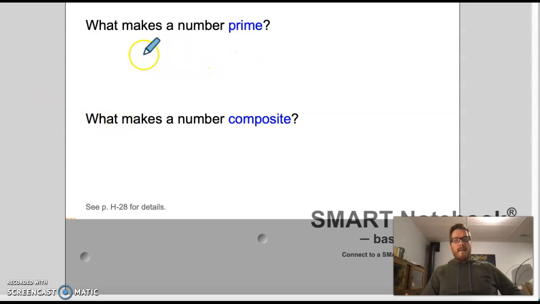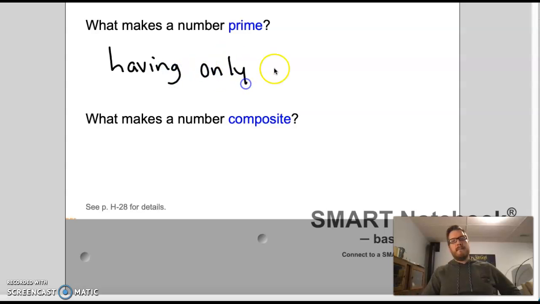What makes a number prime? Well, it's having only 2 factors. Which also means that the number 2 itself is interesting because 2, even though it's an even number, is technically a prime number because it's only got 1 and 2 itself as factors.